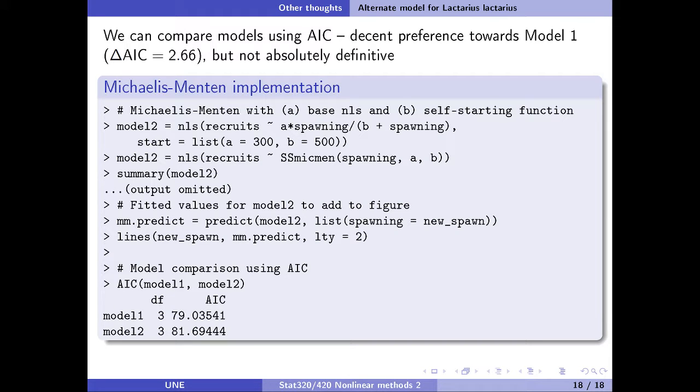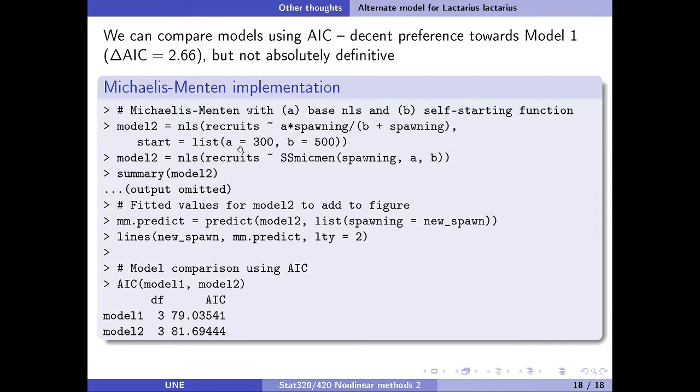Okay, so let's just show some R code, and I'm just going to walk through it, and this will be the last thing we cover in nonlinear models. We'll talk about AIC in a second, but let's just hold on to that. If we look at the two possible implementations of the Michaelis-Menten model, the first model, I'm using NLS, and I'm specifying the full model, recruit tilde A times spawning divided by B plus spawning.